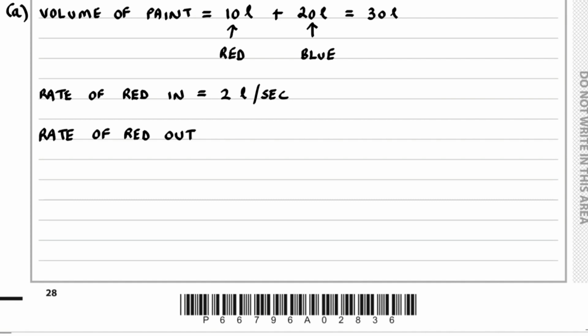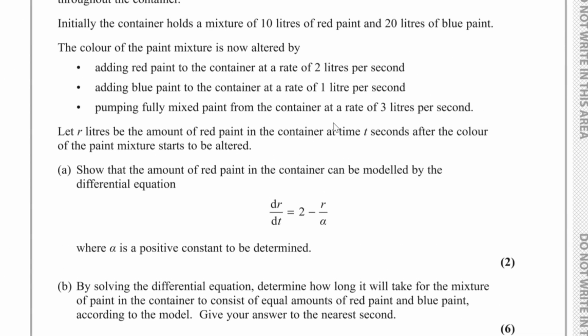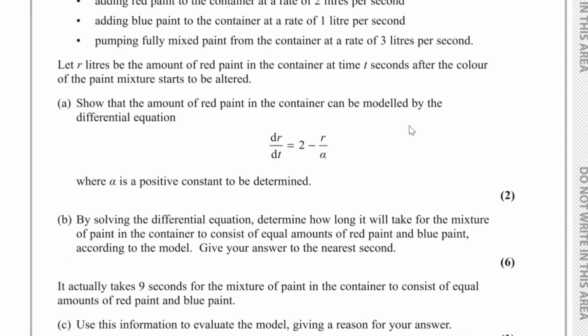So the rate of red paint out, well, we know already that we pump from the container at a rate of 3 litres per second.